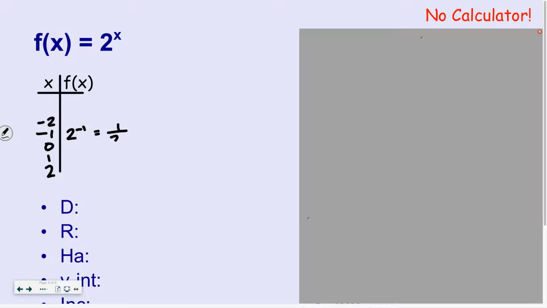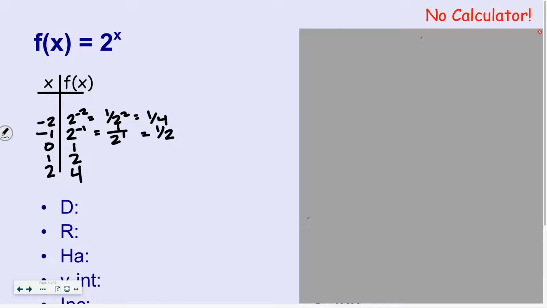That's really 1 over 2 to the first. So she's saying put it in the denominator and make it positive. And then that's 1/2. Okay. So if I did 2 to the negative 2, that would be 1 over 2 squared, which is 1/4. What about 2 to the 0? Anything raised to the 0 is 1. 2 to the first is 2. 2 squared is 4.